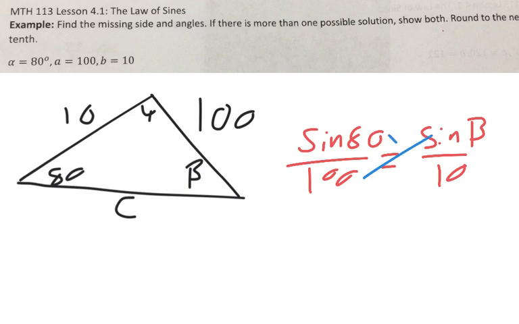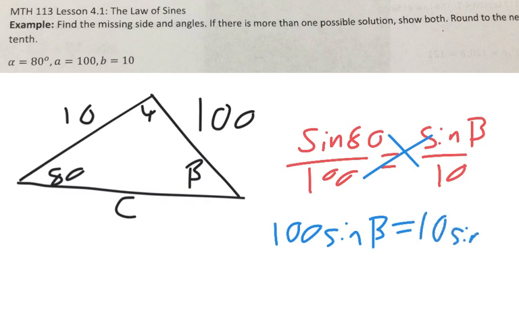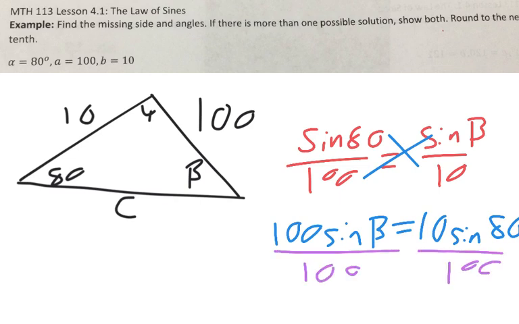Same process, cross multiply. 100 sine beta equals 10 sine 80. Divide by 100. So sine beta equals that garbage. So I'm going to take the inverse sine of both sides.